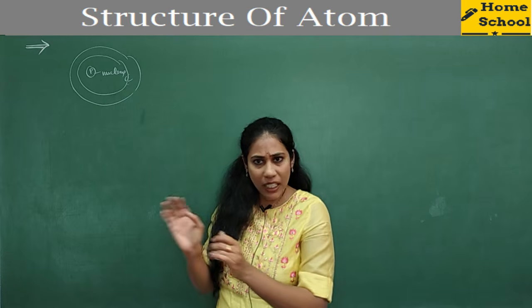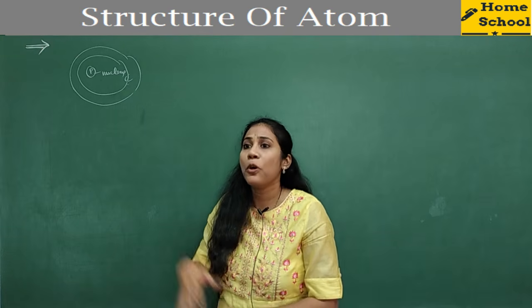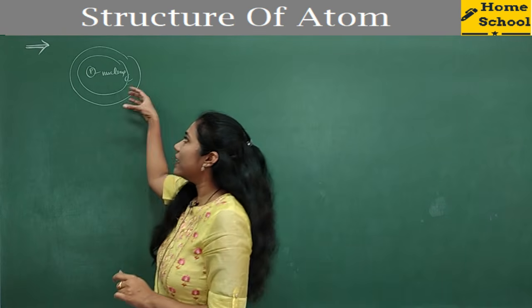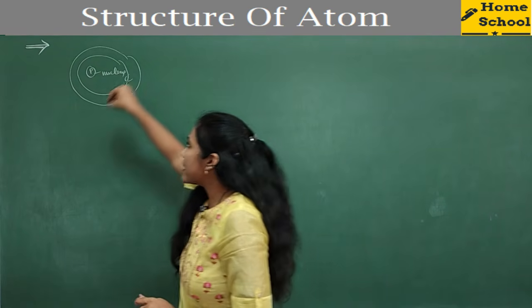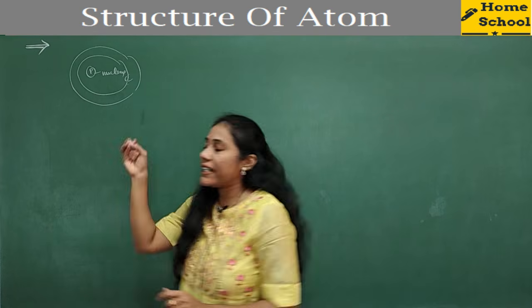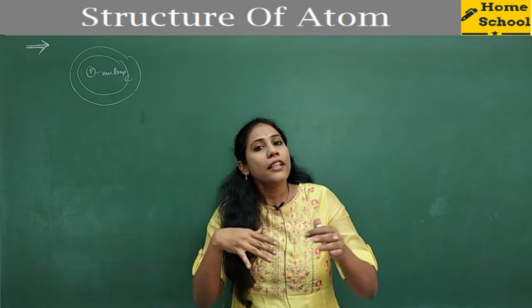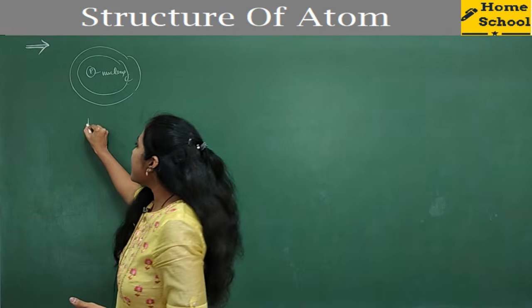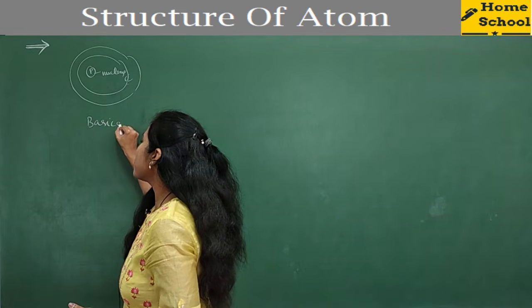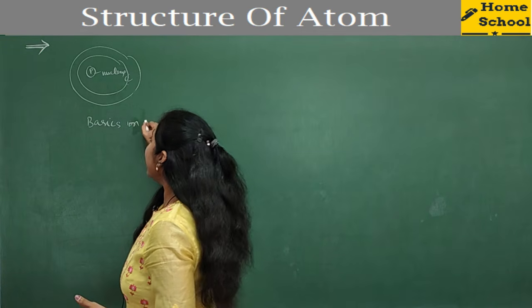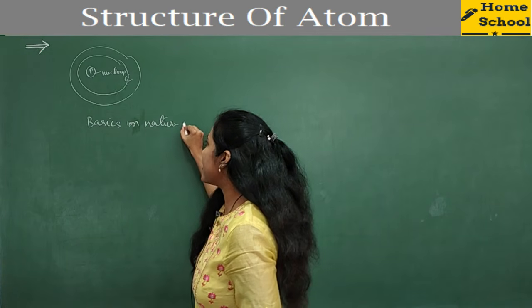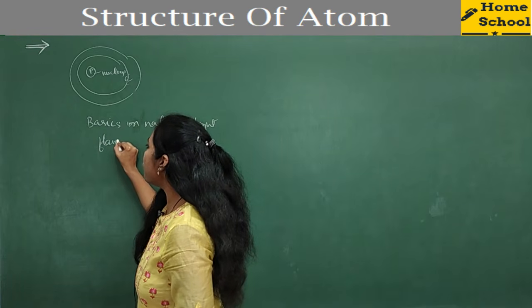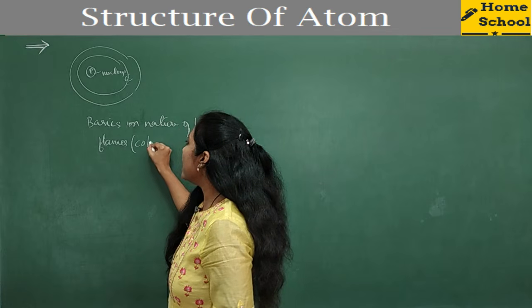Okay, and before learning Bohr's model of an atom or the quantum model of an atom, if you want to understand how exactly the protons are there in a nucleus and how exactly the electron is rotating outside the nucleus, you must understand the basics of light here. So the basics on the nature of light. You must be able to understand the nature of light, and also you should understand certain flames, like there are so many colored flames.